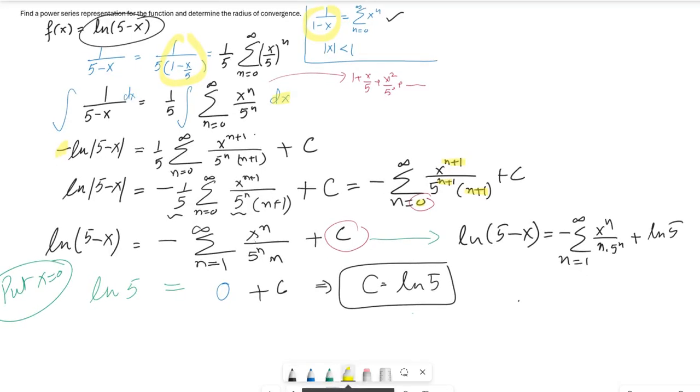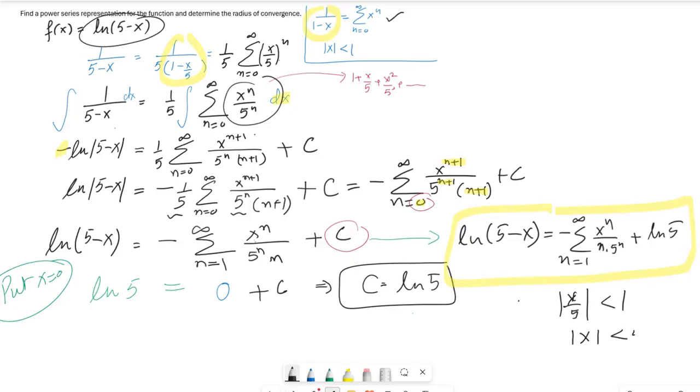So our final solution is this. Remember, all this was possible because x by 5, we started with x by 5, is less than 1 in absolute value, meaning the absolute value of x is less than 5. Therefore, the radius of convergence is 5 and the interval of convergence is negative 5 to 5.